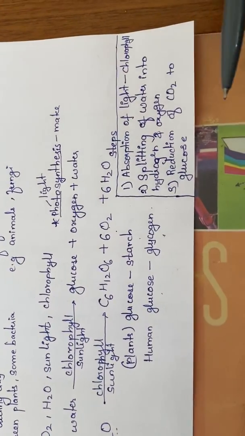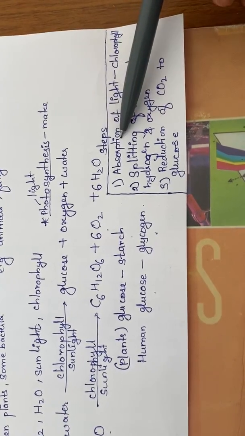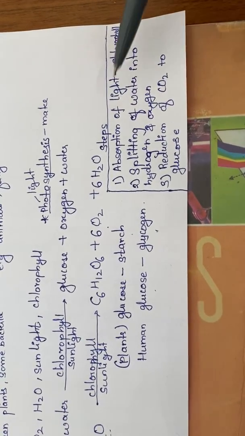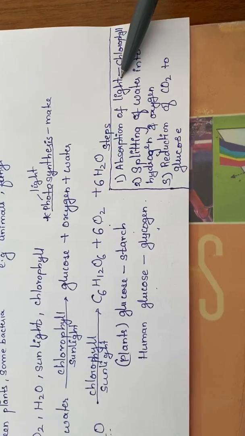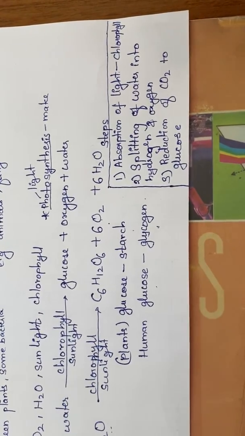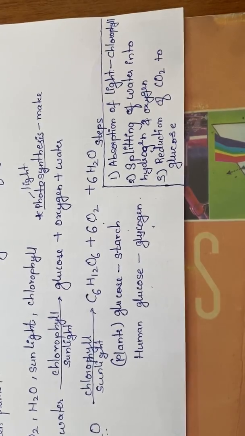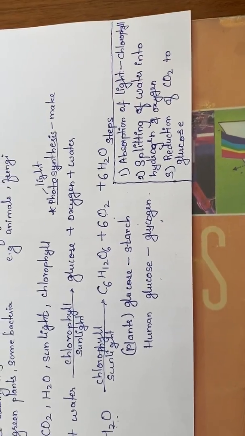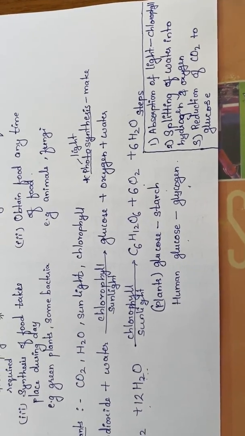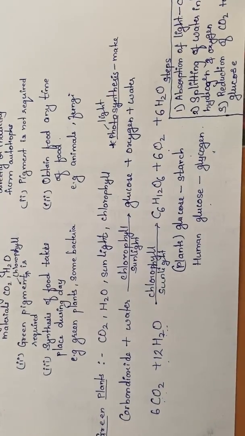It occurs in a stepwise manner. The first step is absorption of light energy by chlorophyll, and because of absorption of light energy, the water molecule gets split into hydrogen and oxygen, and then reduction of carbon dioxide takes place and the glucose molecule is formed. So these are the processes which occur in green plants during photosynthesis.